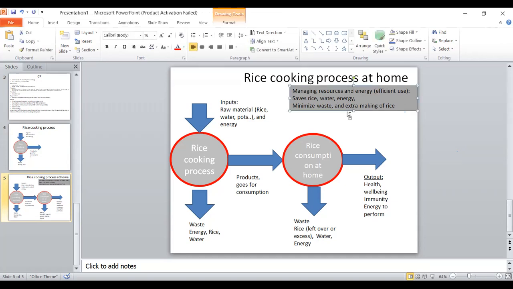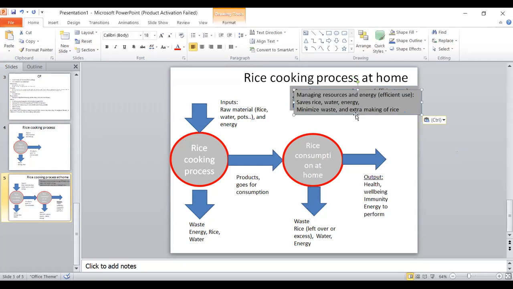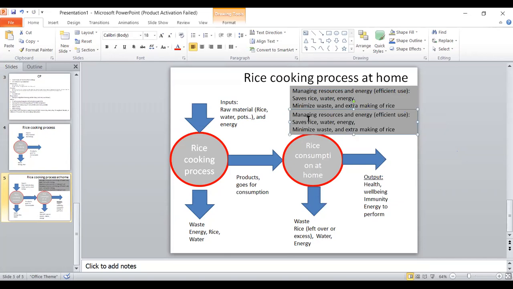The other thing is, when it comes to consumption, responsible consumption. These are in the syllabus. If you think of health, well-being and all, responsible consumption.